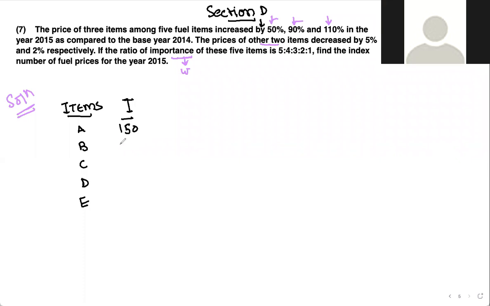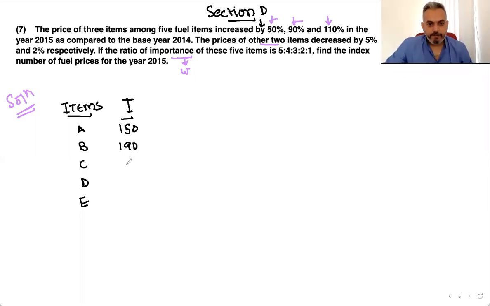So 150, 190, 220. Now, the prices of other 2 items decrease by 5%, so it has become 95, and 2%, so 98. Importance, which is weight, is 5, 4, 3.